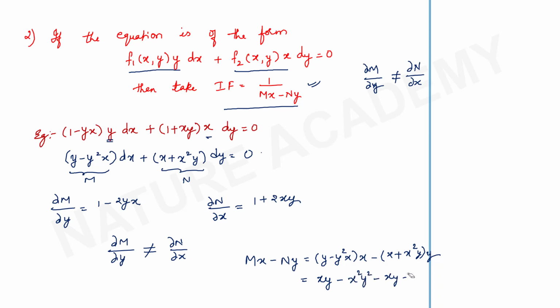The terms containing xy get cancelled and your Mx minus Ny will be equal to minus 2x square y square. But the integrating factor is 1 upon Mx minus Ny. Therefore, integrating factor will be equal to 1 upon, you have a minus here, 2x square y square.